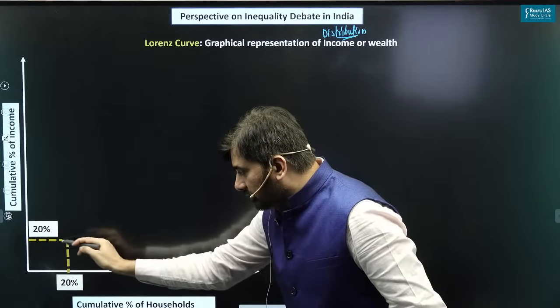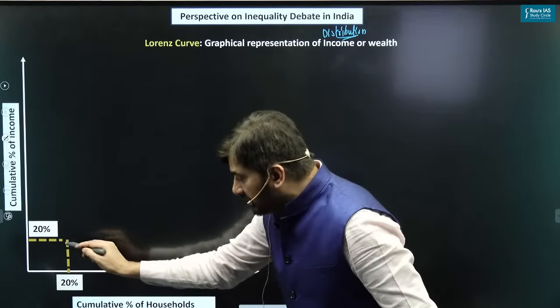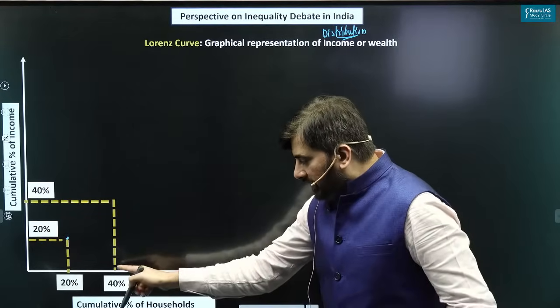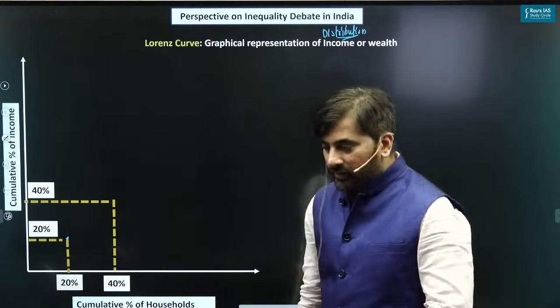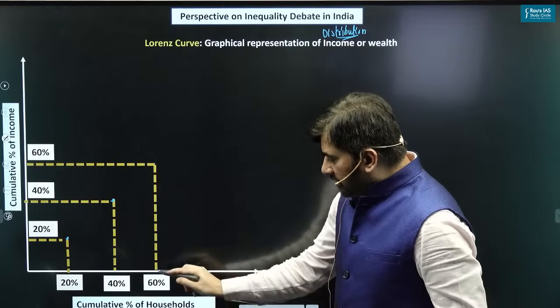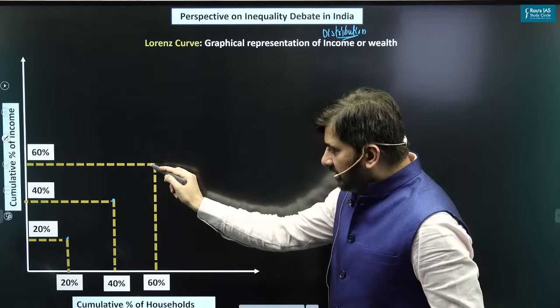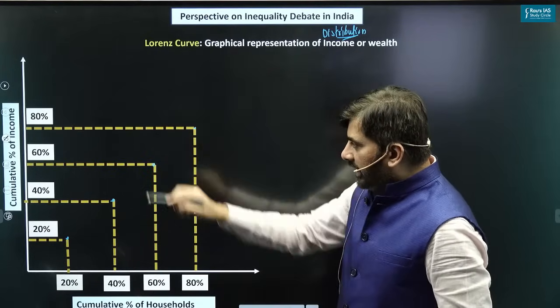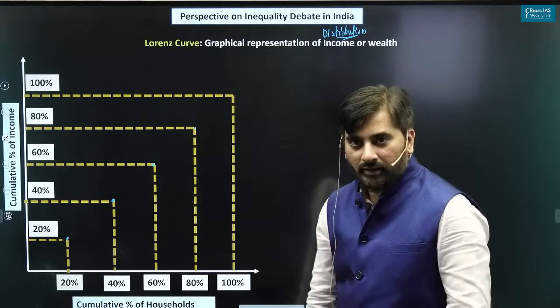Can you see both these two lines are joining at this point? Same way, 40% of households own 40% of income. The point is joining here. 60% of households own 60% of income. 80% of households own 80% of the income, right?